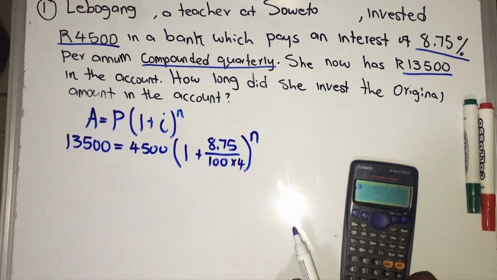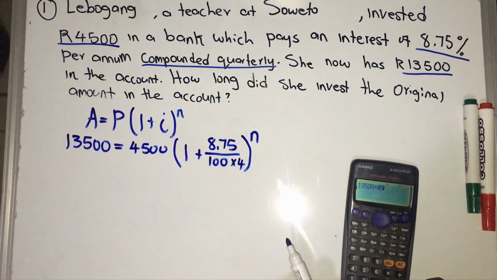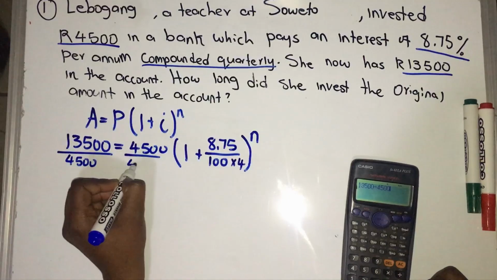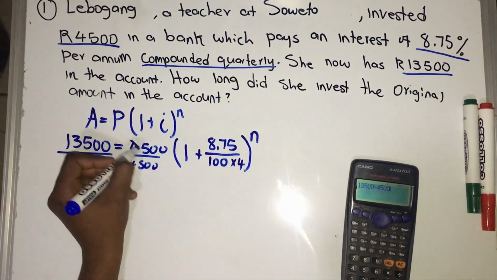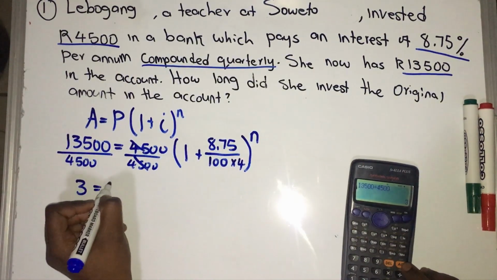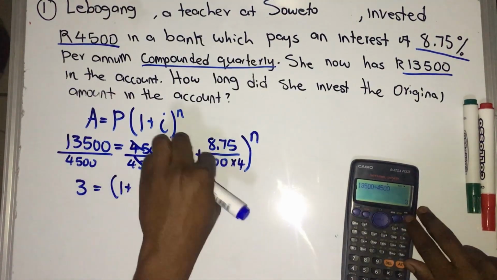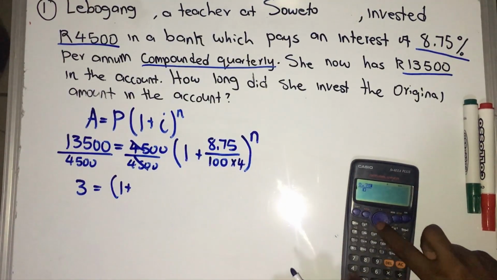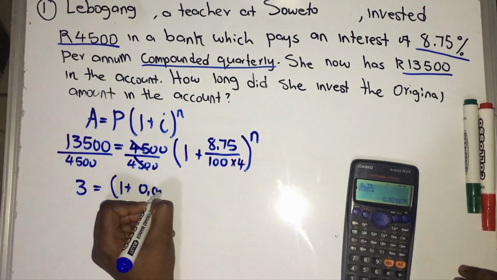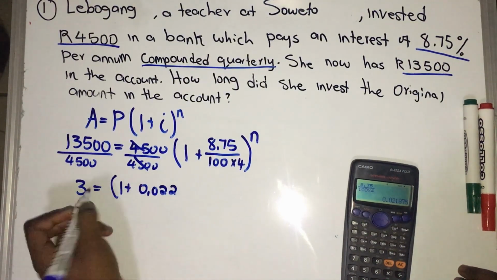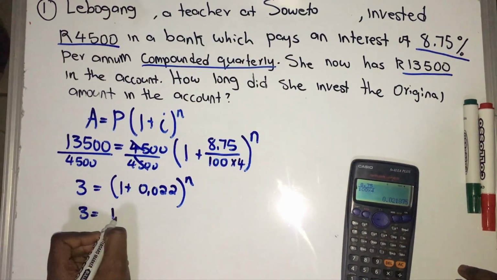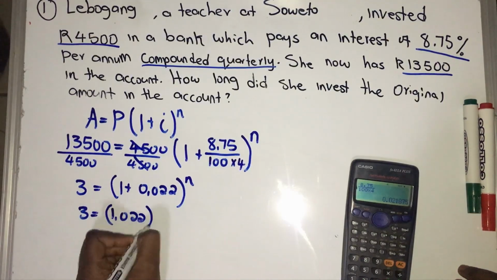So 13,500 divided by 4,500 gives 3, and the 4,500 cancels out on the other side. So 3 is equivalent to 1 plus 8.75 over 100 times 4, which gives 0.022. So 3 equals 1.022 to the power of n.